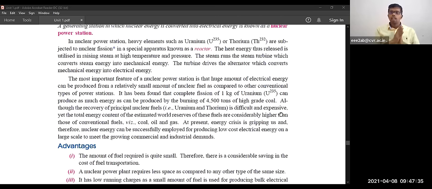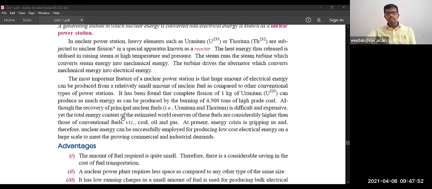About 70% of the nation could be affected by this nuclear reaction. So you have to be very careful, and it is also expensive.